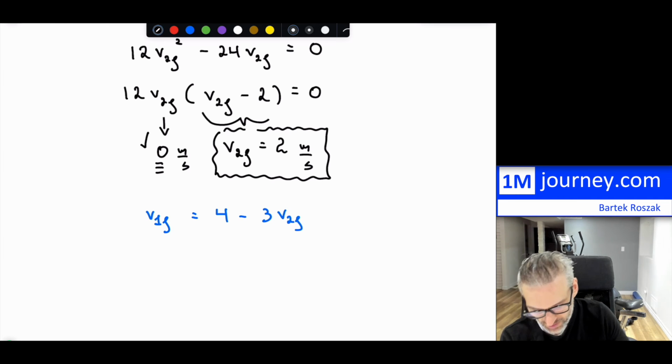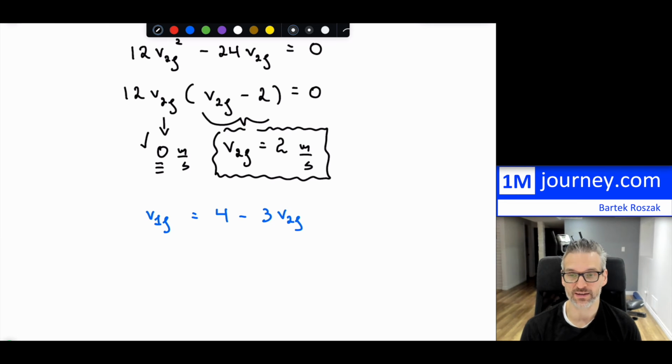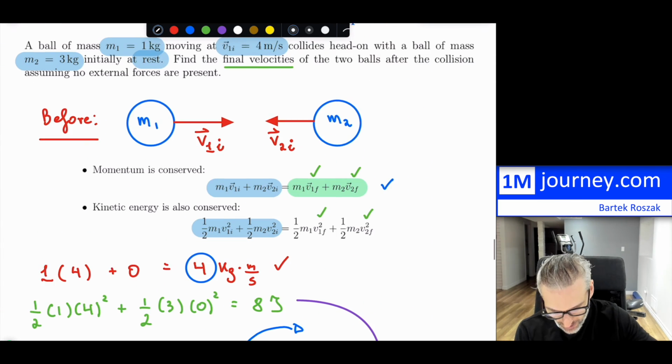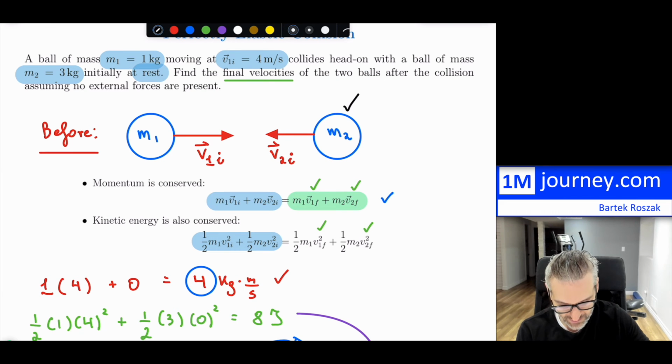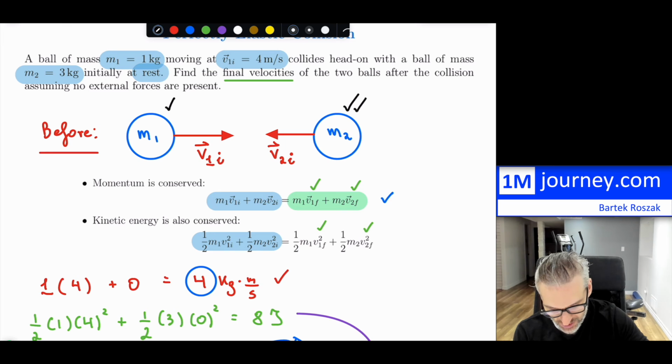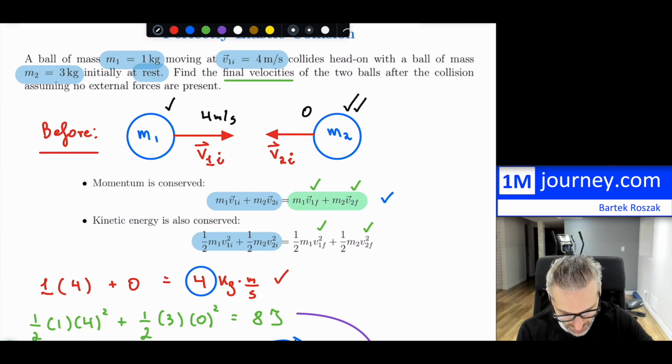One would have been basically not moving, and the other one continues to move. If you think about it logically, this one was at rest. So what we're saying is this will remain at rest after the collision. As you're colliding it in, notice that it started off with 4 meters per second, and then this one was at 0 meters per second from the start.